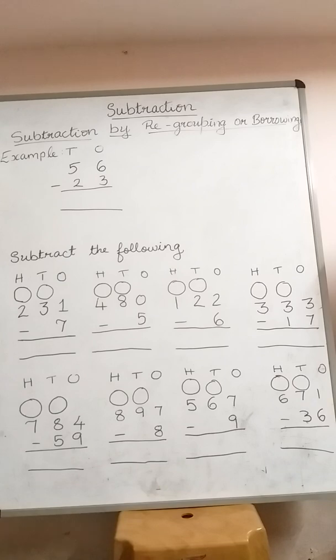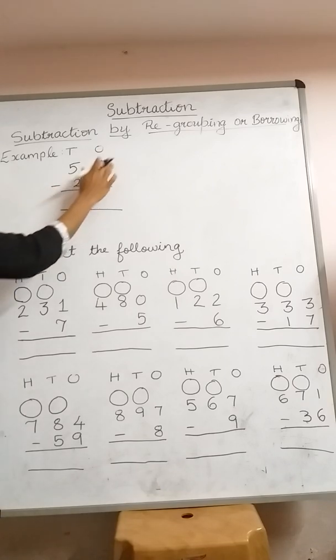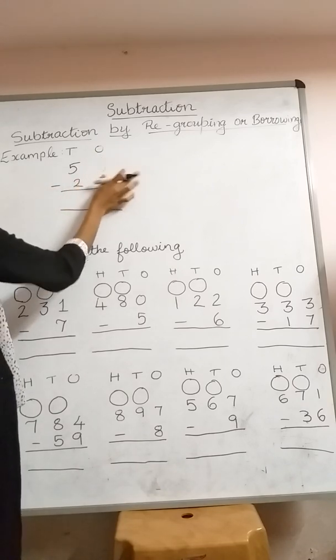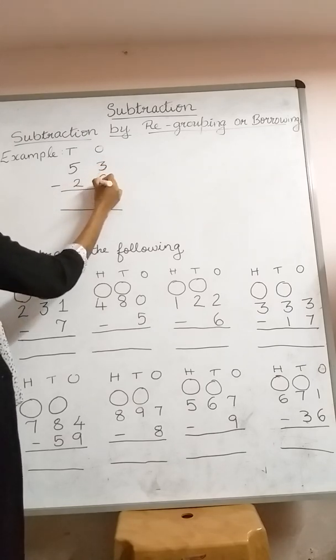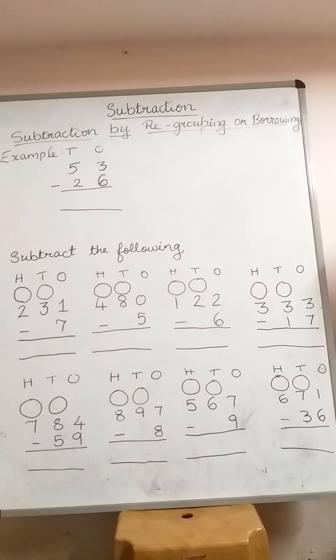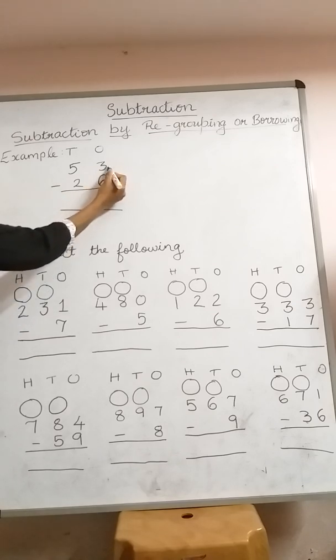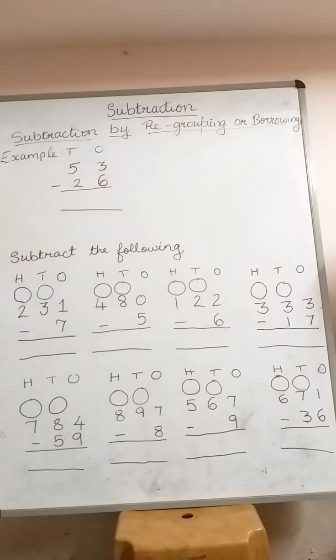Now I'll just twist a little bit and ask you to do 53 minus 26. So what do you wish to do, children? Yes, the steps are same. First we need to subtract the ones place. And in the ones place, kindly observe, you find 3 and 6.